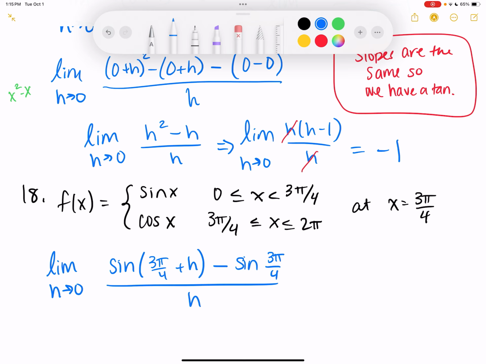I suspect we're going to need a sum and difference formula.